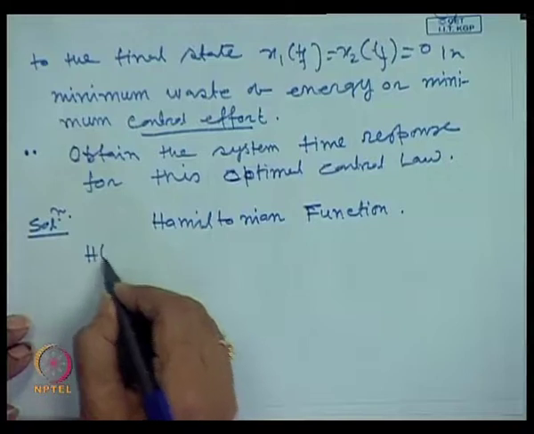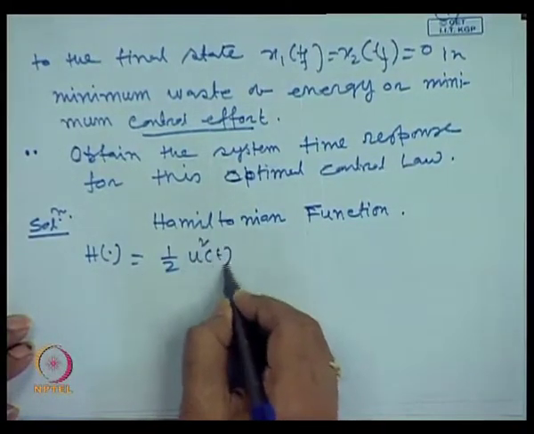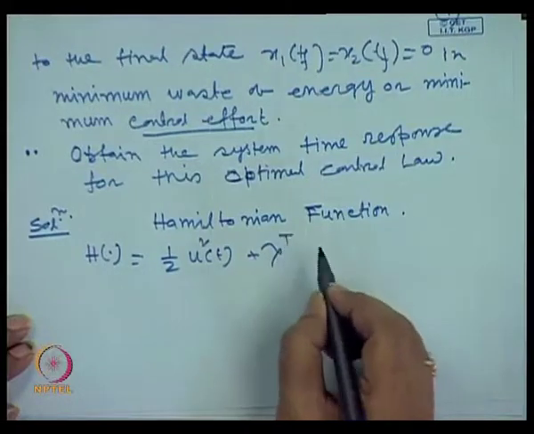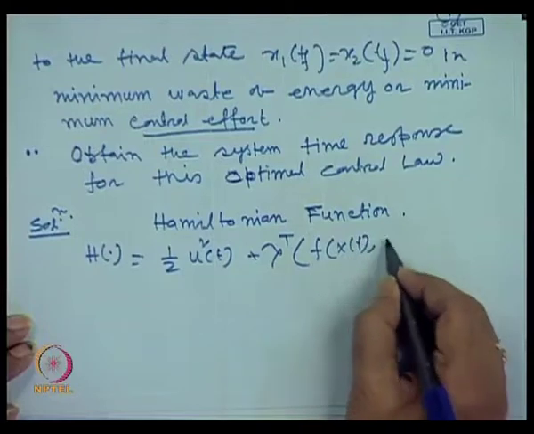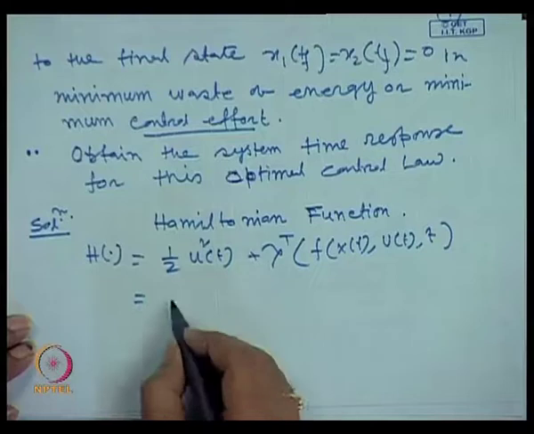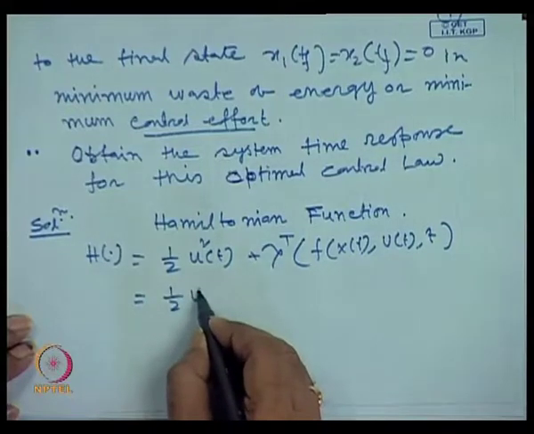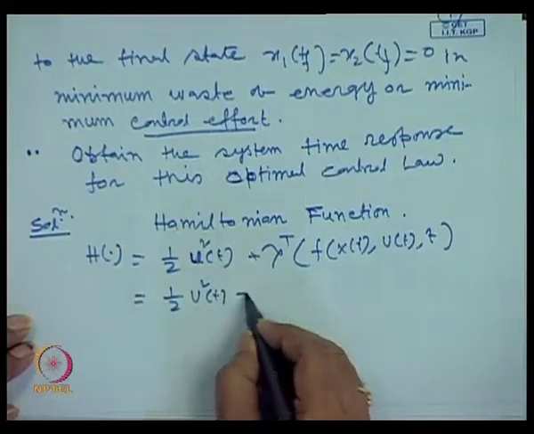So, H is equal to half u squared of t plus lambda transpose f of x of t, u of t. This is equal to half u squared of t plus lambda.